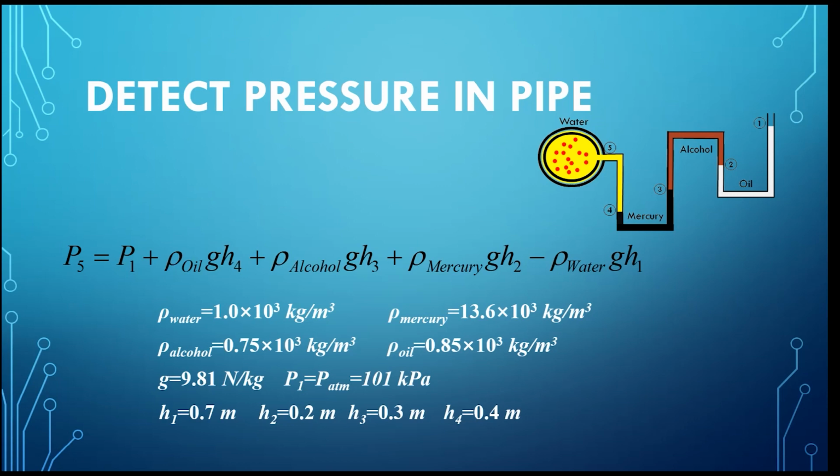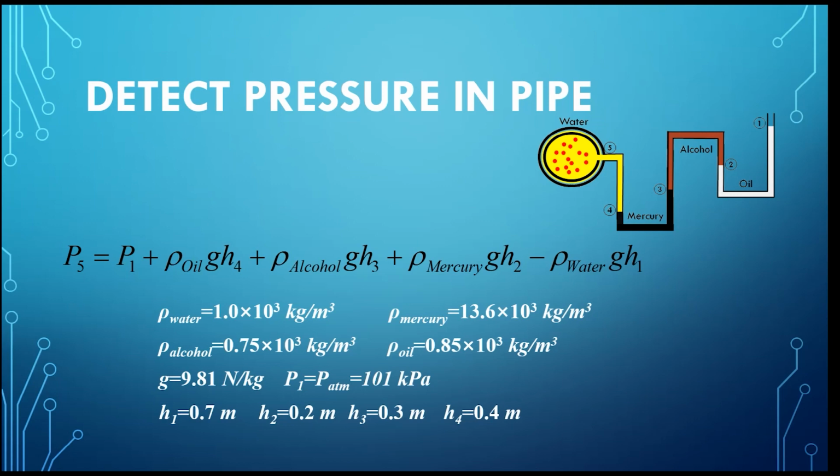The gravitational acceleration is 9.81 Newton per kilogram. The atmosphere pressure is 101 kilopascal. The lengths of the pressure-causing fluid columns are H1 equals 0.7 meter, H2 equals 0.2 meter, H3 equals 0.3 meter, and H4 equals 0.4 meter.